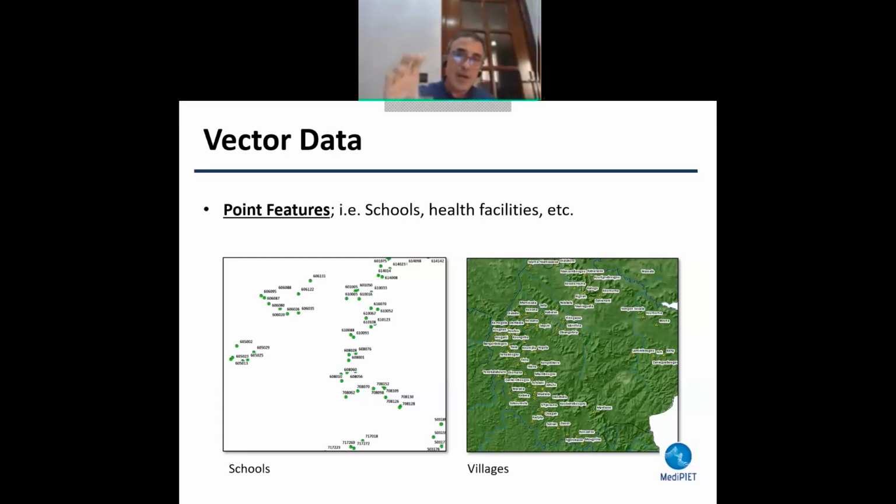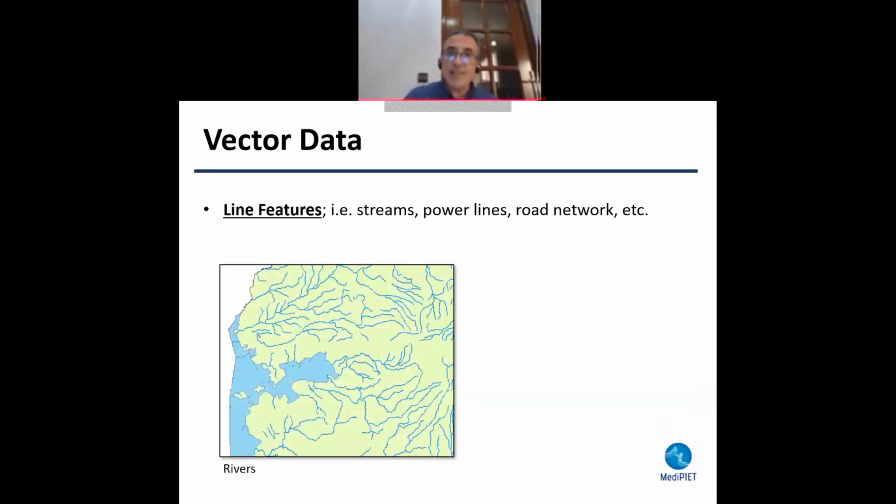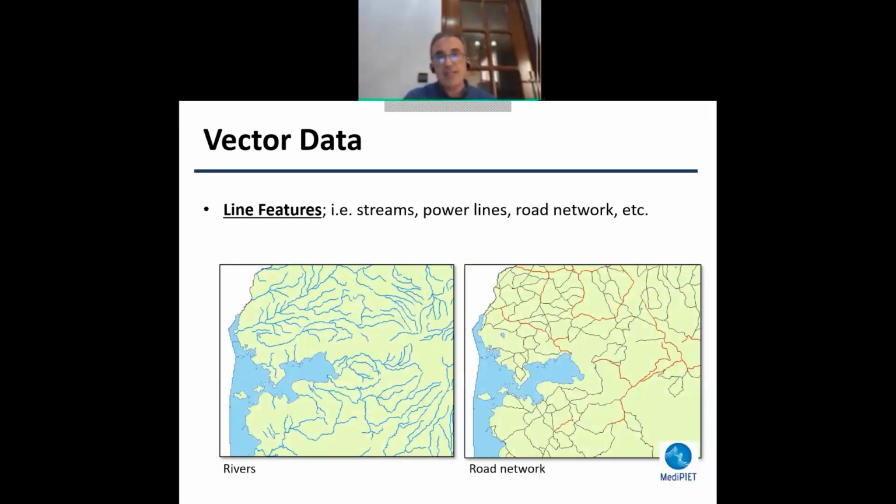We have the name of the village, and we have this yellow triangle, which basically represents the location of a school, of a village. For line features, again, it's very easy to understand what they can be used for. We can have river streams, we can have road networks. And obviously, a line feature is the best way to represent this kind of feature.